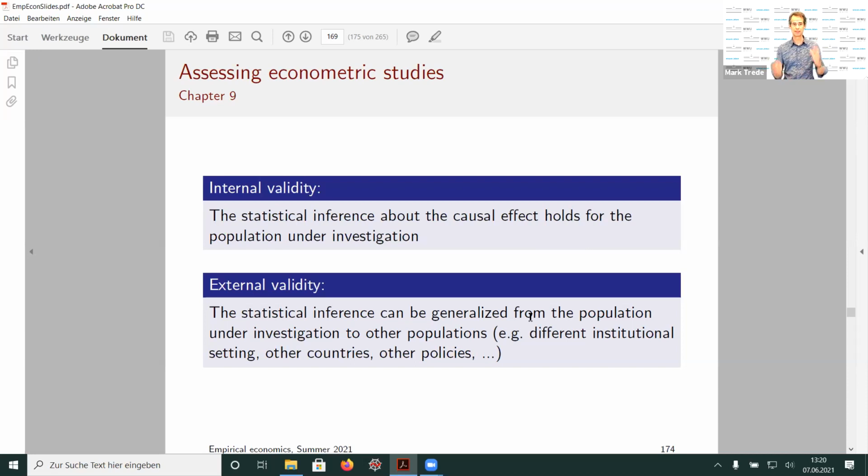Internally valid means that we did not do anything wrong, and the statistical inference is true for the population we investigate. The more interesting part is, of course, the external validity, and that means that we can generalize what we have found for the population under investigation to other populations. So for instance, if we find that, say, Sweden has a particularly successful corona policy, can this be transferred to other countries like, say, Germany or Italy?